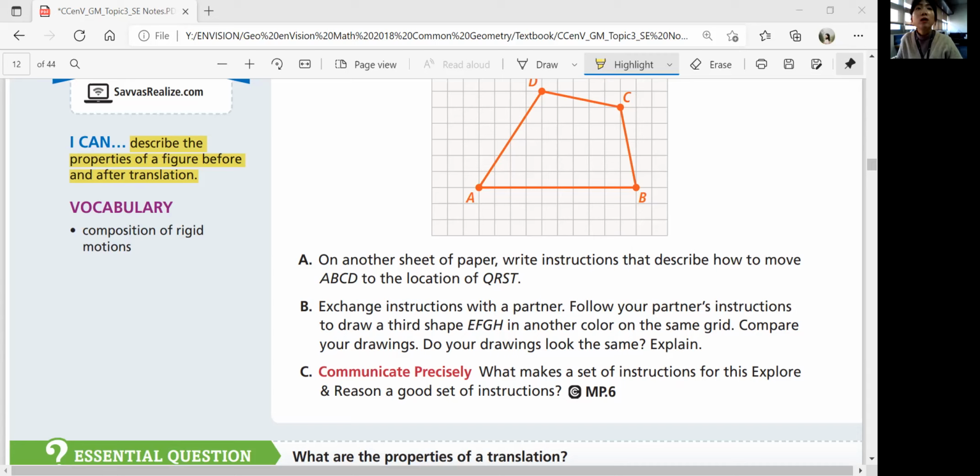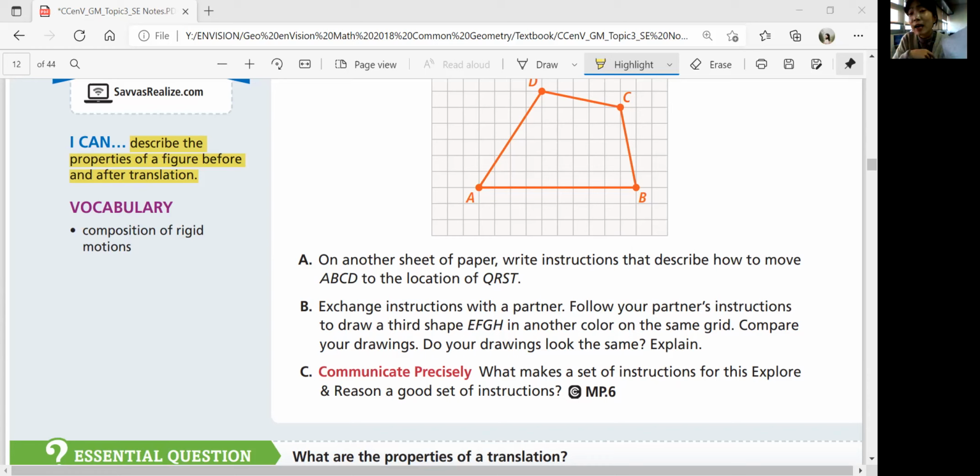Okay. So what makes a set of instructions for this activity a good set of instructions? How can you write a good instruction? You need to have both the horizontal distance and the vertical distance movement.